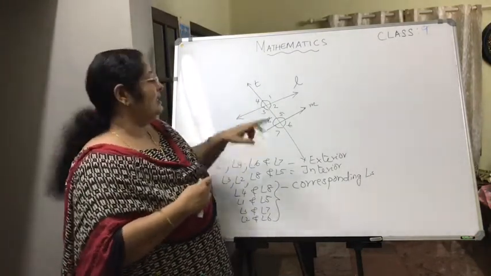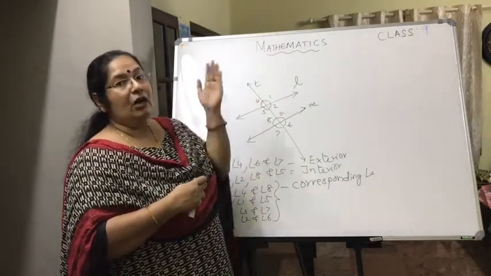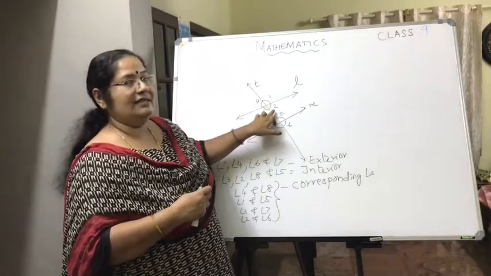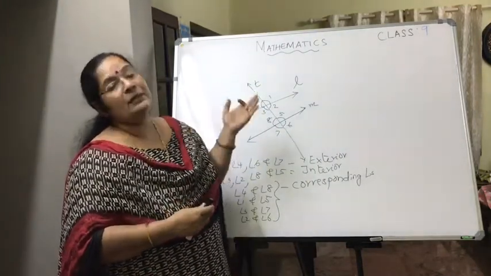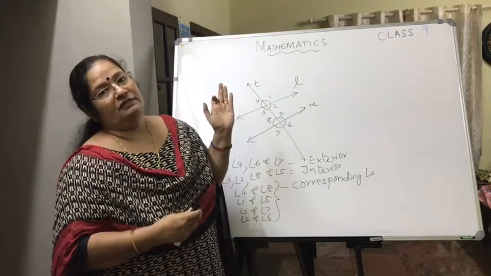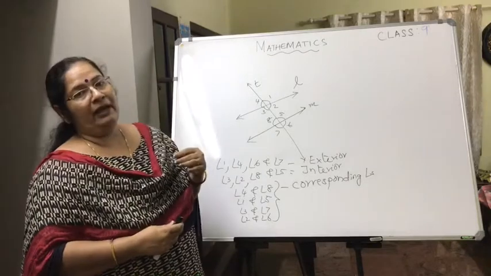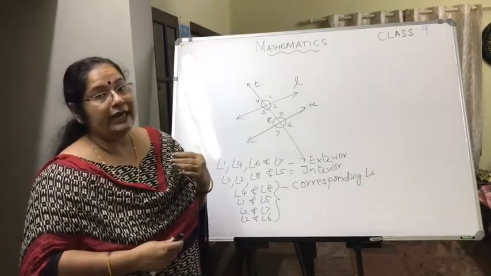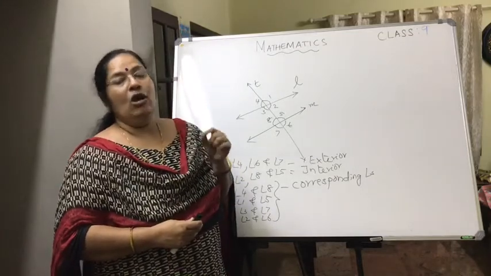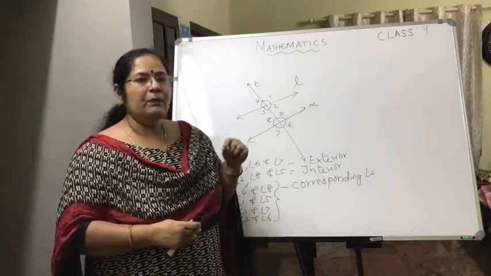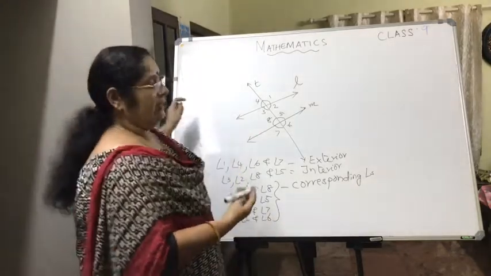The second condition is they are on either side of the transversal. They are placed on opposite sides of the transversal. So, angle 3 and angle 5 form a pair of angles called alternate interior angles or interior opposite angles. Both are correct. Alternate interior angles.